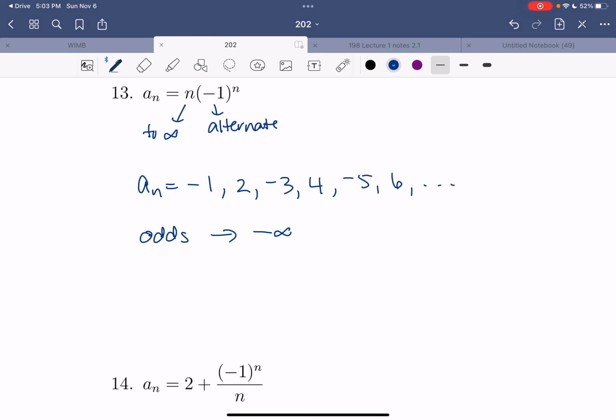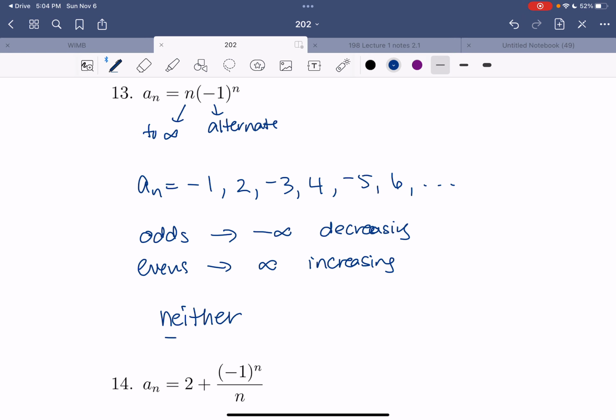They're decreasing because they're negative. And the evens are going to go to positive infinity, and those are increasing. So what you need to say is that both of them don't do the same thing. This is going to diverge like a fork. And so this is neither. It's neither increasing nor decreasing. Okay, that's totally possible.